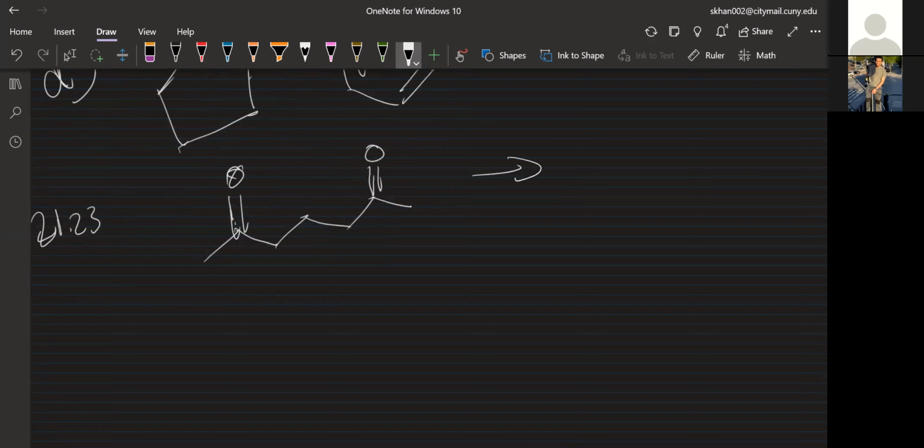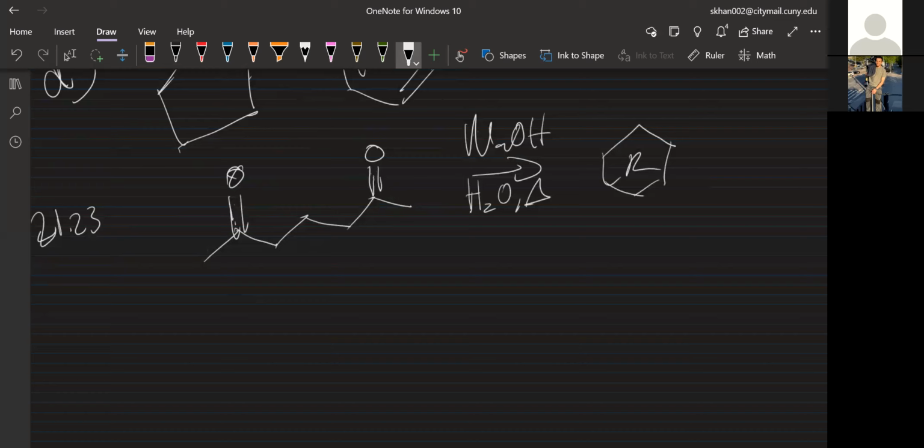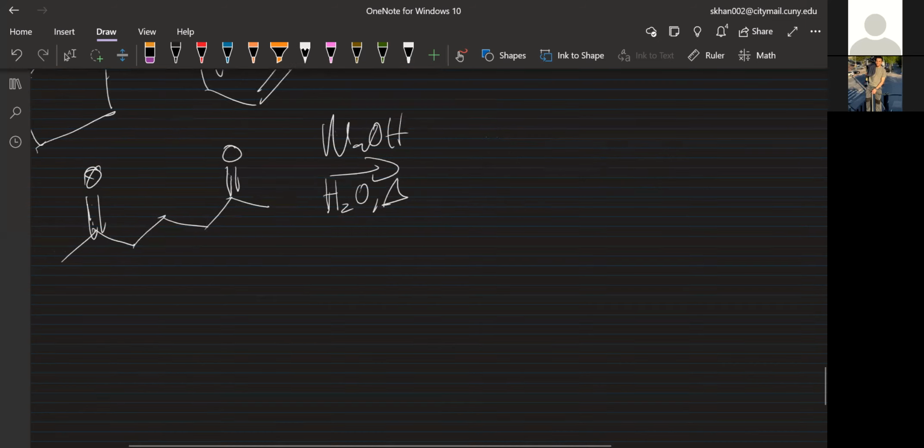So basically it's saying NaOH, H2O, and heat, and you form some sort of 6-membered ring. It says draw the product and show the mechanism for formation.